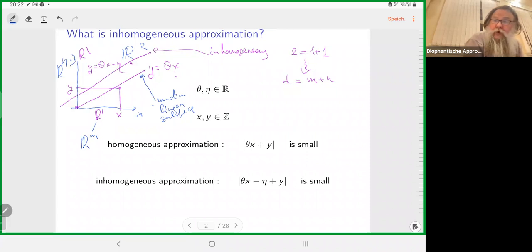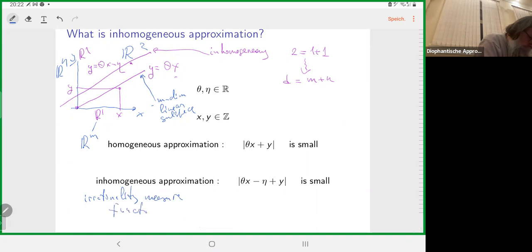For the homogeneous setting, an important object is the irrationality measure function, psi.